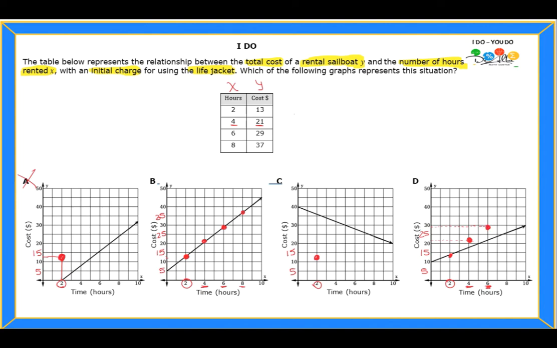Still off the line, right? And if you were to check the last one, 8 and 37, look at what's going to happen. This is 35. Now that's even more off the graph, right? Okay. So the first point kind of got us scared, right? Because it looked like it was too close to the line. But the only one that has most of the points very, very close to my table, it's letter B.